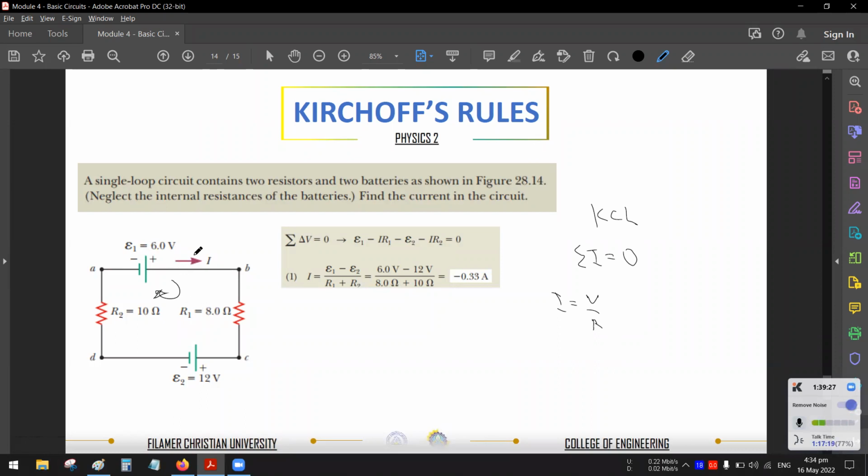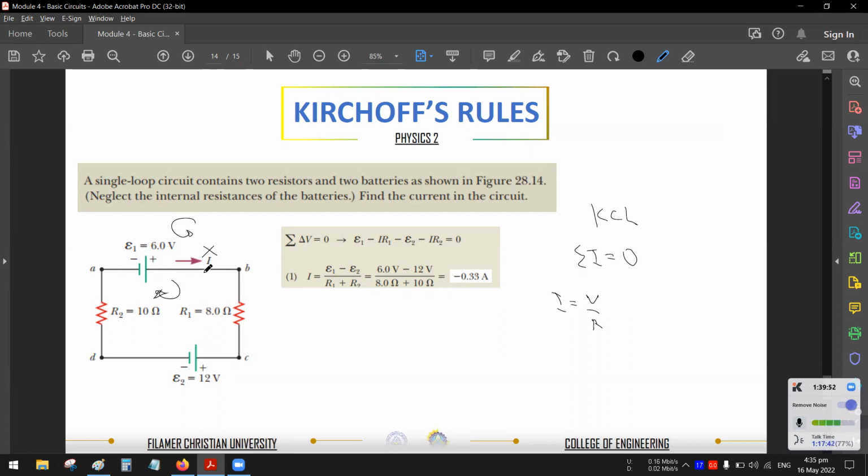So dapat yung direction ng current natin is pa ganito. Pero yung direction kasi ng current is clockwise siya. So therefore, we expect our guess for the direction of the current to be wrong. So meaning, yung direction ng current natin na clockwise is wrong.